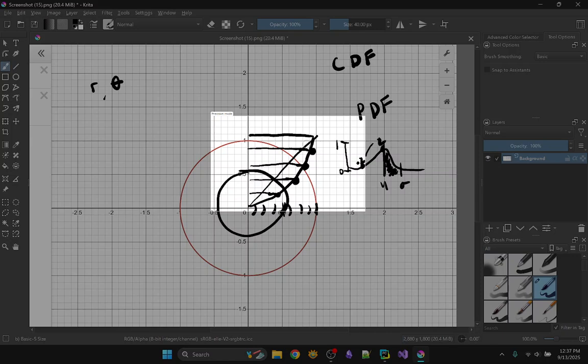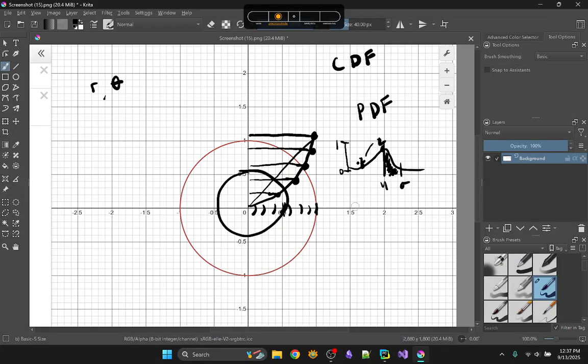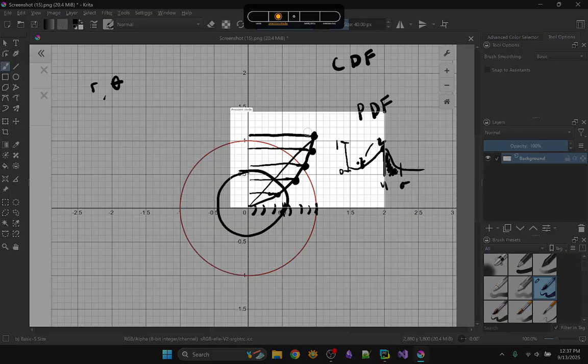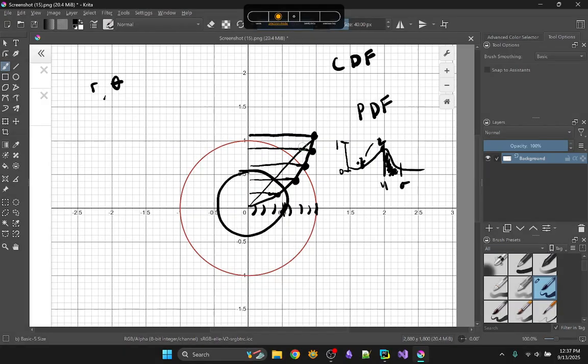Let's do one more. Okay, so you would sample points like that. And you'll notice that there are more points with high values. We're using the inverse of the integral, so we're treating the y-axis as the input and the x-axis as the output when we're sampling from the integral.